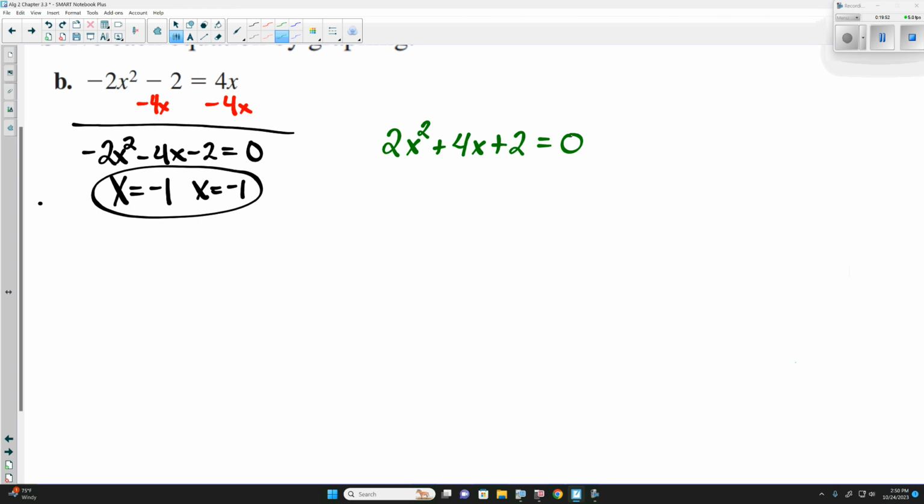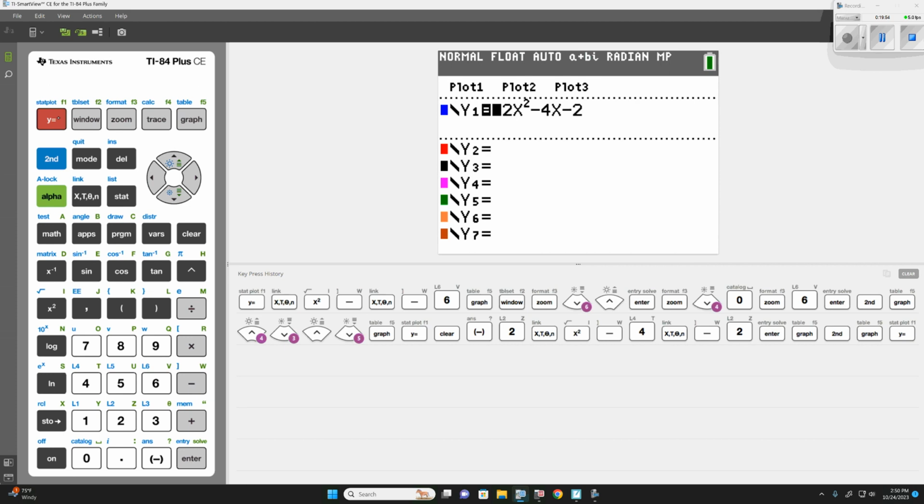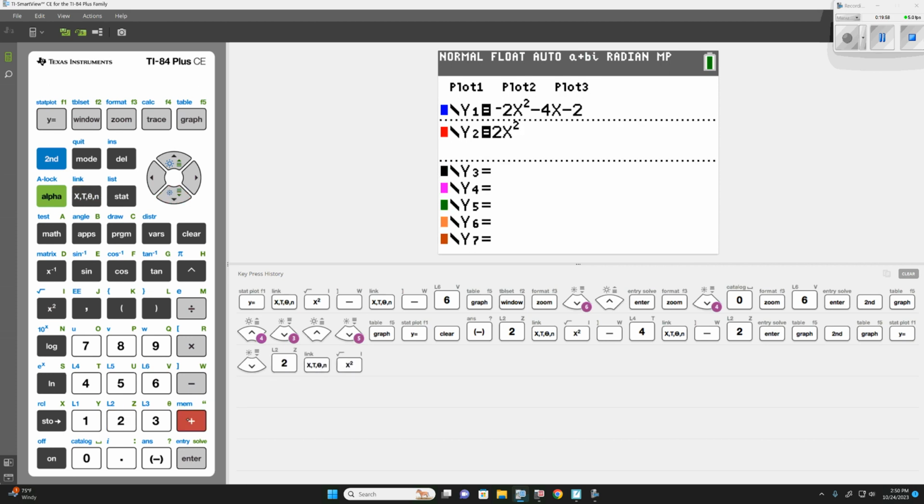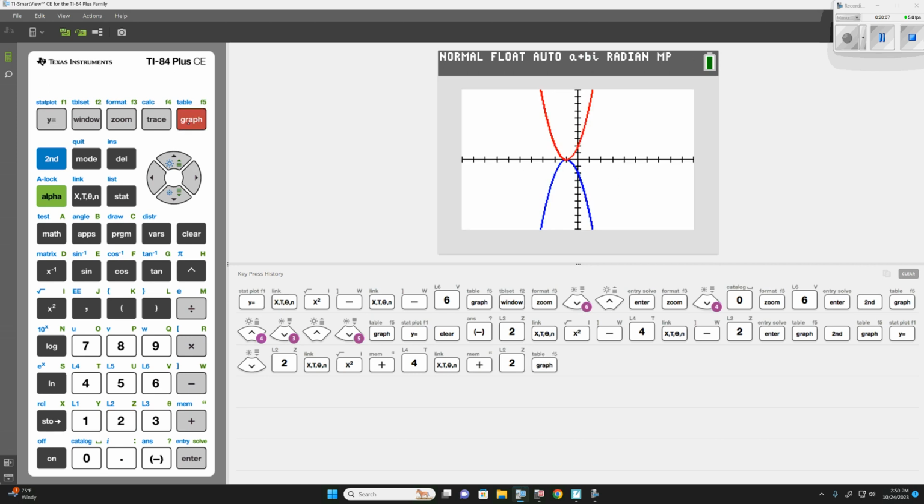And this is kind of interesting. You don't have to type this in. But as we can see already, these are two different equations, yes? Graph. They do look completely different, yes?